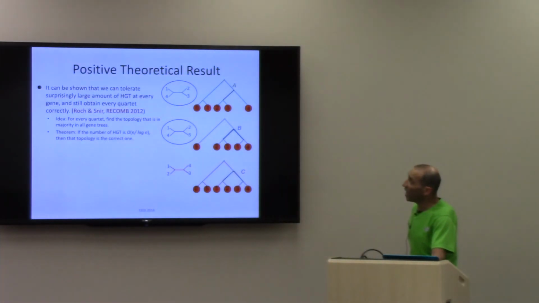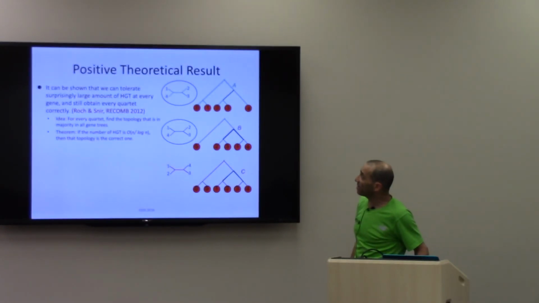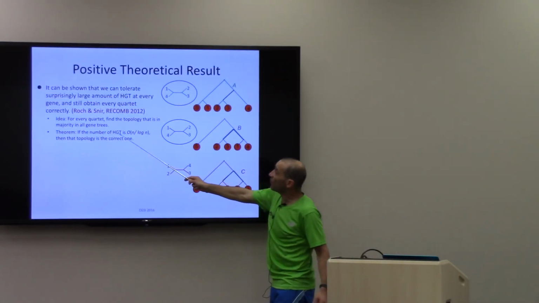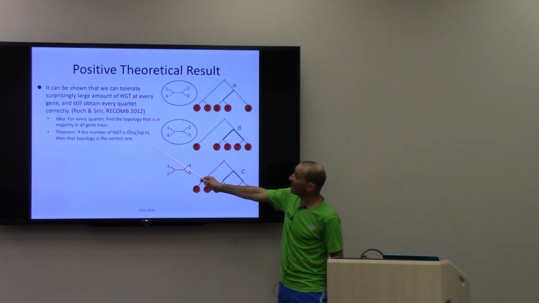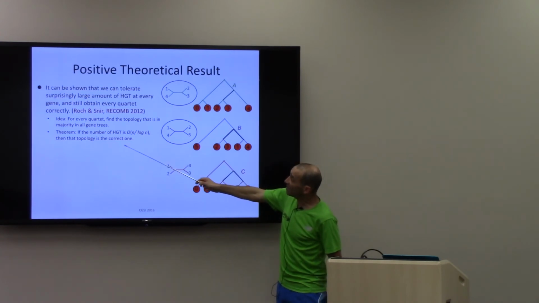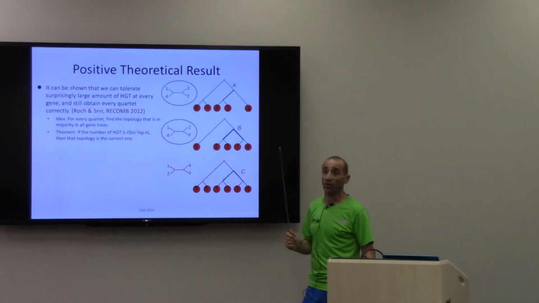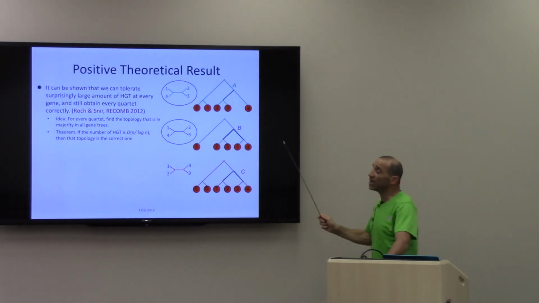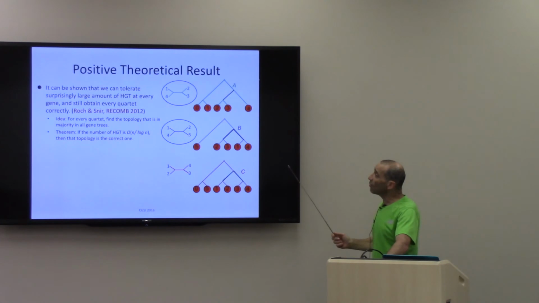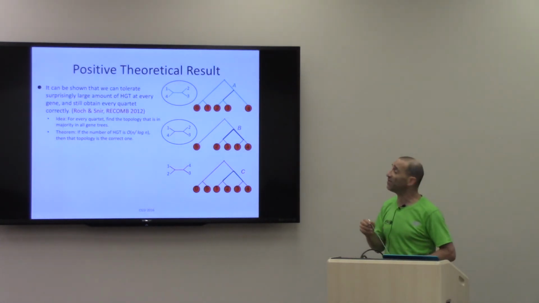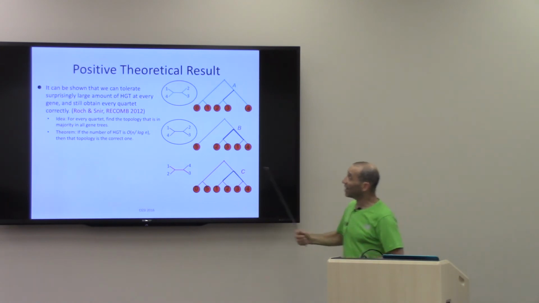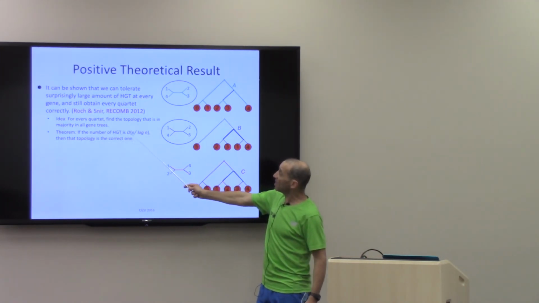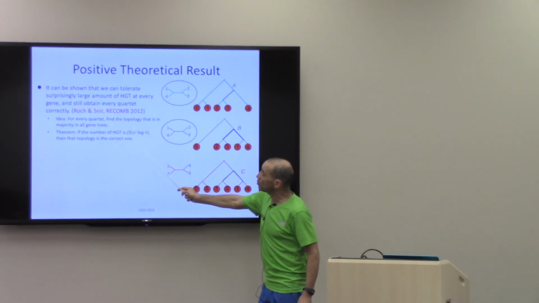And we have the theorem that if the number of HGT is very high, O of n over log n, then that topology is the correct one, okay? So all these gene trees were obtained by a series of HGT on the underlying species tree, but not more than this quantity.